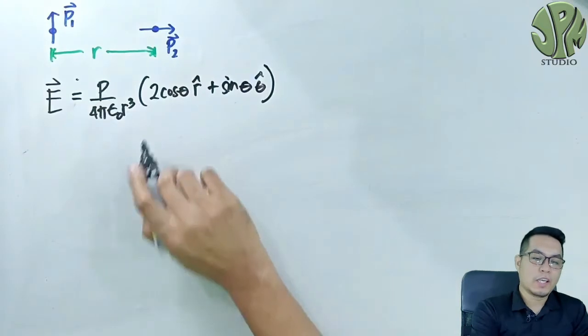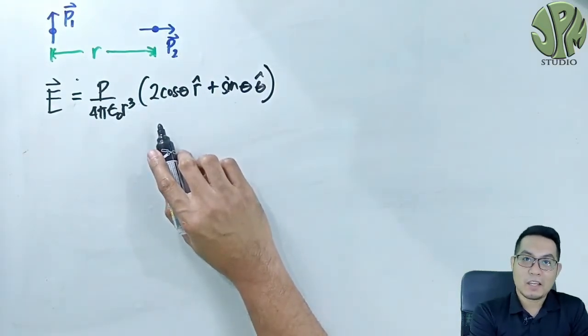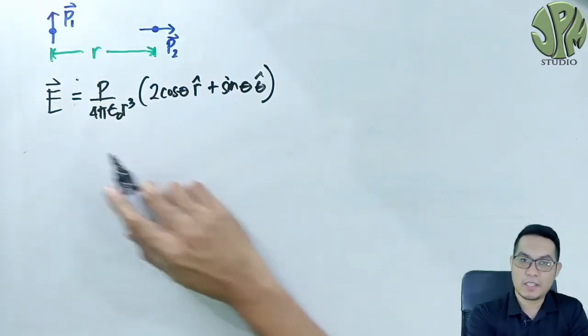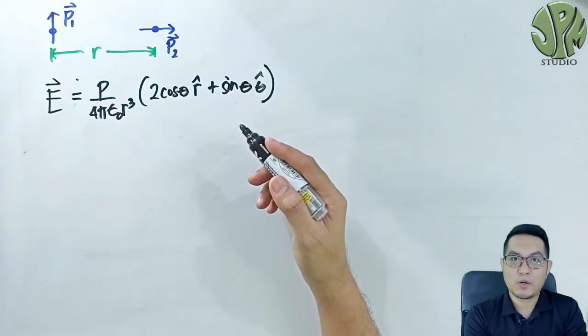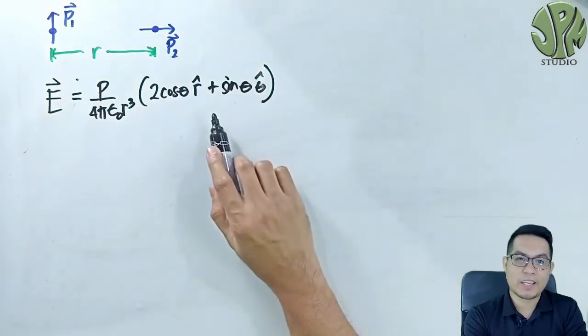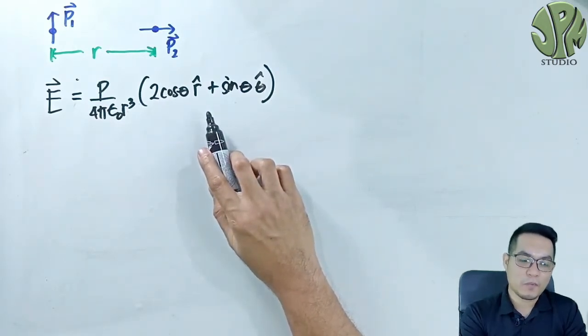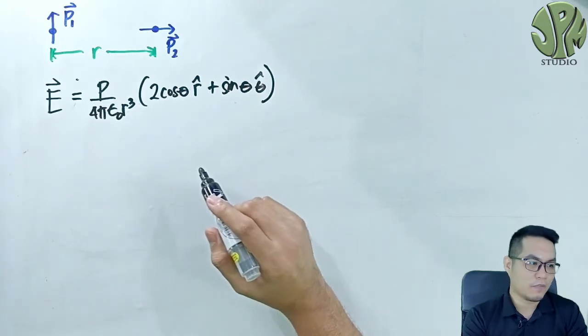So this is the electric field of a dipole in spherical coordinates. You also have another form of this, the coordinate free form, free from any coordinate system. But this is specifically the electric field of a dipole in spherical coordinates, so we will just use this one.